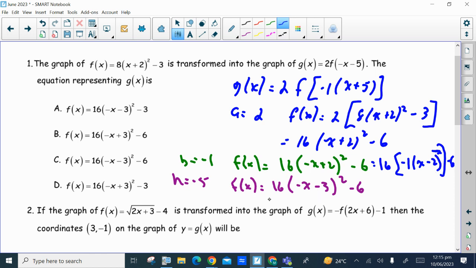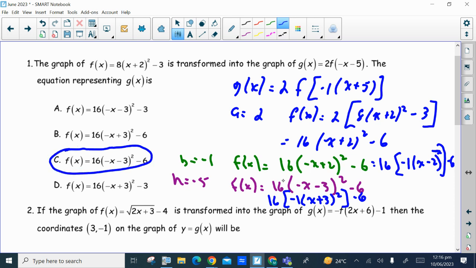And you see, if you take the b value out of this, you'll get an h value of -3. I probably should have done that at the start, especially in this step here, taking out the -1 to get the true h value so that we can shift it 5 to the left. But either way, our answer is C.